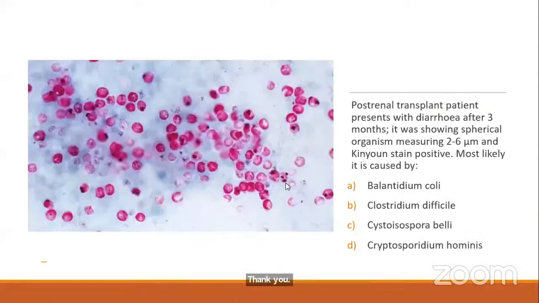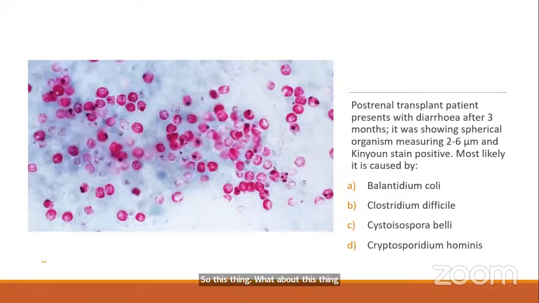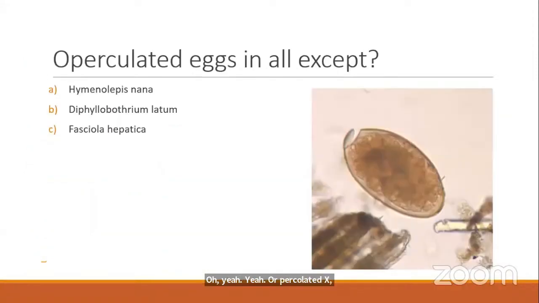So now coming to the next: post-renal transplant patient with diarrhea after 3 months, which is showing 2 to 6 micrometer. Operculated eggs.